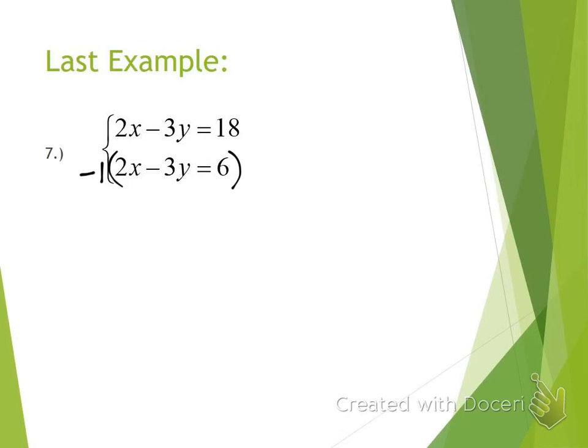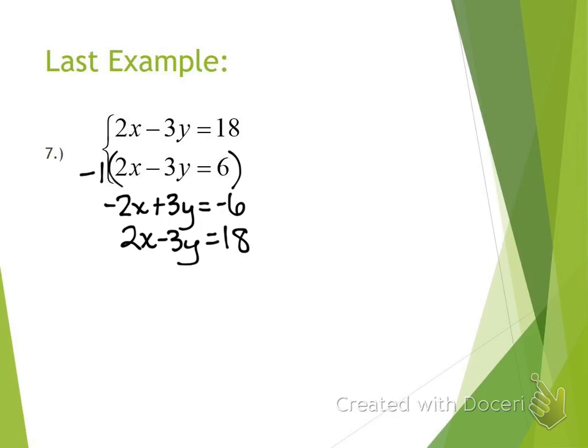When we multiply through by a -1, what do we get? -2x plus 3y equals -6. All right. I'm rewriting my other one below it. What do we notice as far as elimination is concerned? The y and the x cancel out. All right.